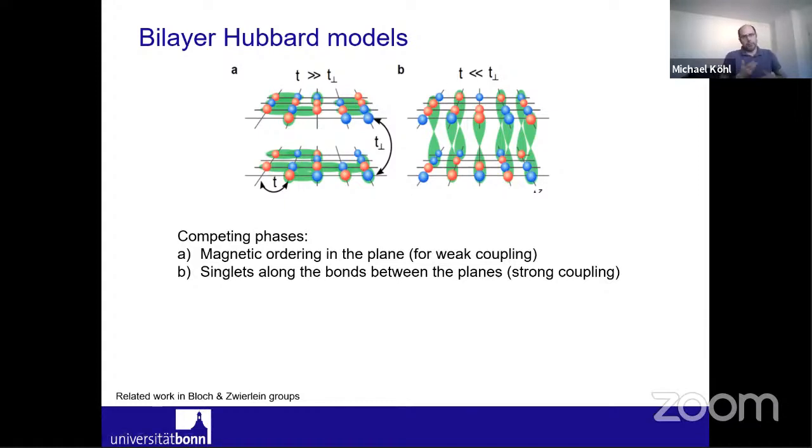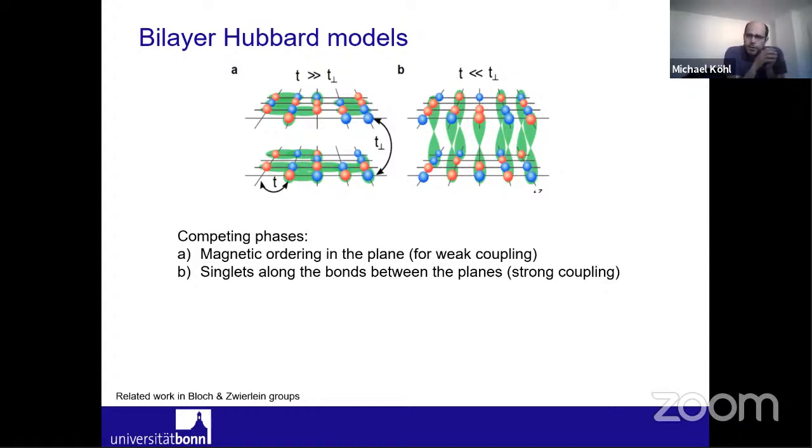You could think of this in the following way. Think first that the hopping in the plane is much, much greater than the hopping between the planes. Then we can treat the hopping between the planes just as a perturbation. We will see antiferromagnetic correlations in each of these planes as before, and we then have to find out how much this perturbation adds to or subtracts from these correlations.